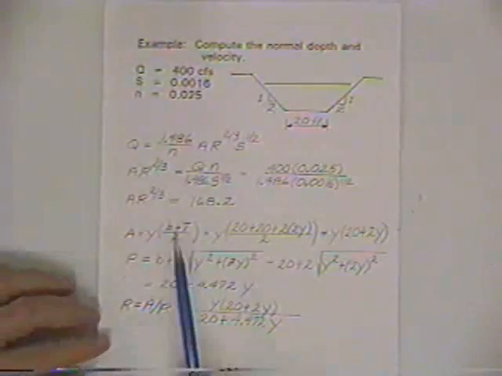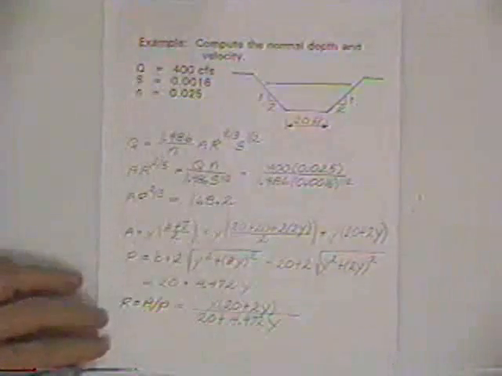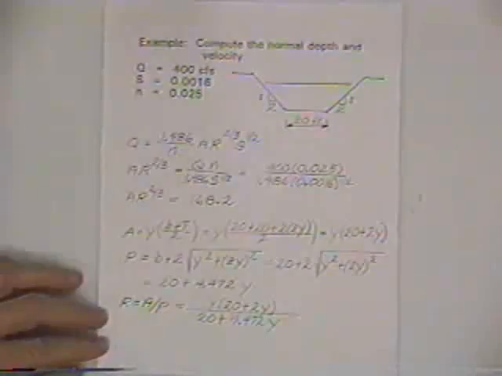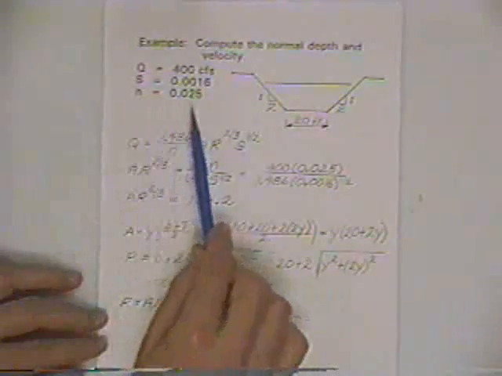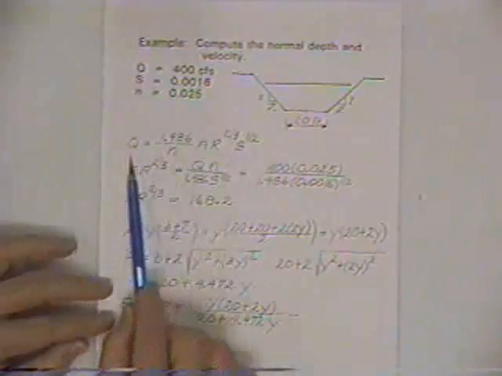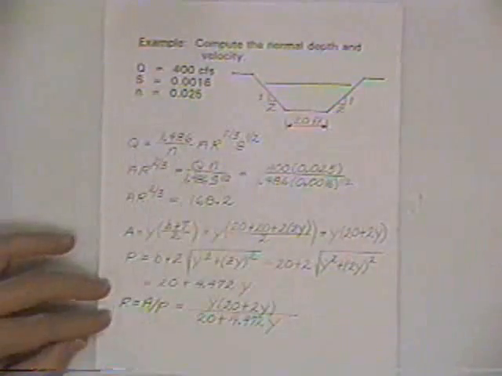In this problem, we're given that the discharge is 400 cubic feet per second, the longitudinal bottom slope is 0.0016, and the roughness coefficient is 0.025. So we've got those numbers to plug into the Manning's equation. We reproduce the Manning's equation, except we're trying to compute depth.